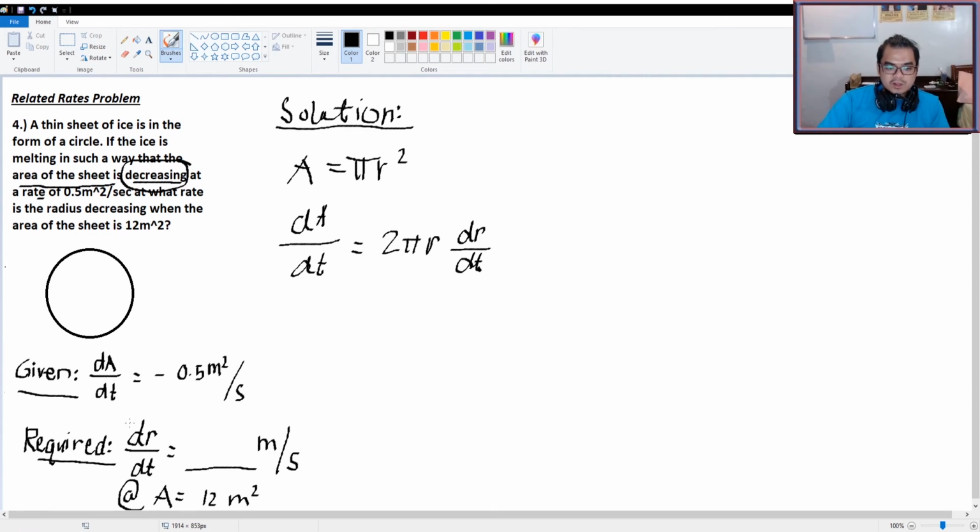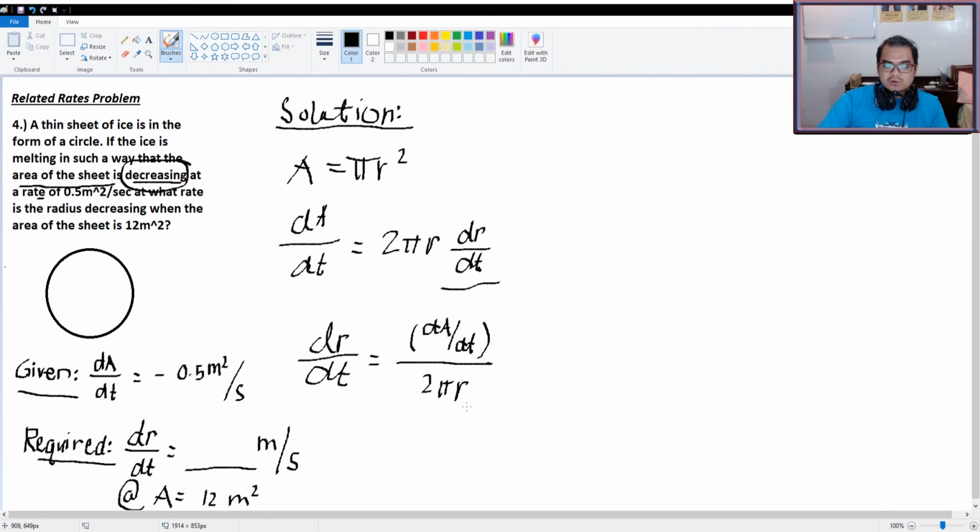Now we are looking for dr over dt, so all we have to do is isolate dr over dt. So dr over dt is equal to dA over dt all over 2 pi r.